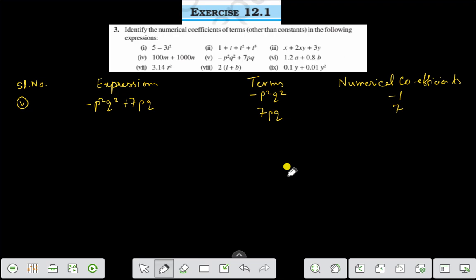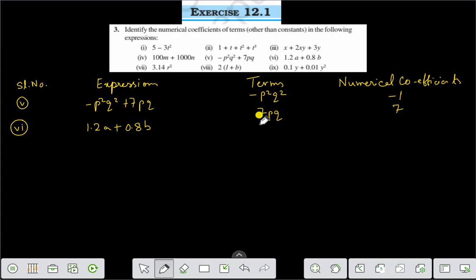Now question number 6. The expression is 1.2a plus 0.8b.